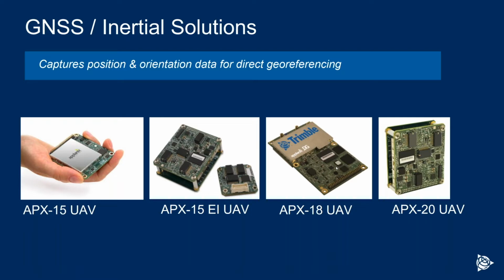The APX-18 is specific to inspection, facade scanning, anything where your UAV is moving slowly or maybe even being held static while capturing data. This particular unit features a dual antenna configuration that allows us to constrain the heading and maintain accurate information.